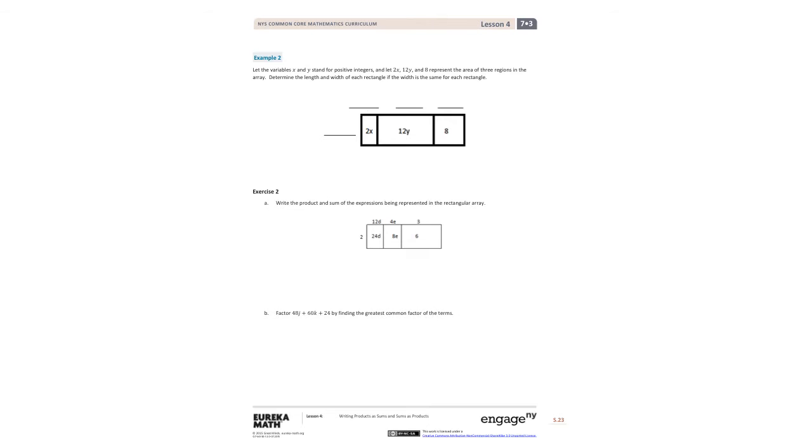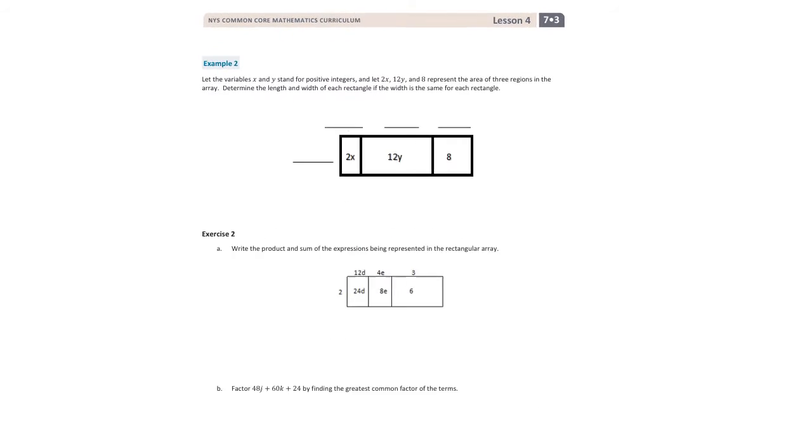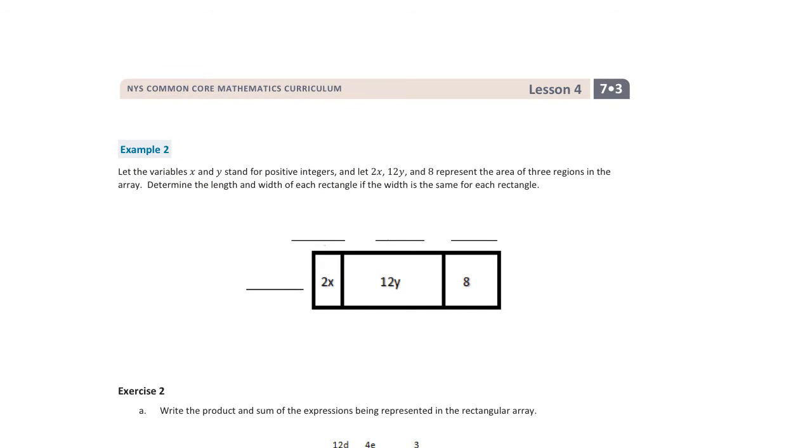Okay, here you can see they're setting up the models. So on example 2, they've got the model set up. They're asking us to determine the length and the width of the rectangle. So I look at 2x, 12y, and 8, and I think to myself, what's the largest thing that'll go into both of them? Although 4 goes into both 12 and 8, it won't go into 2, so 2 is going to be the largest number I can use.